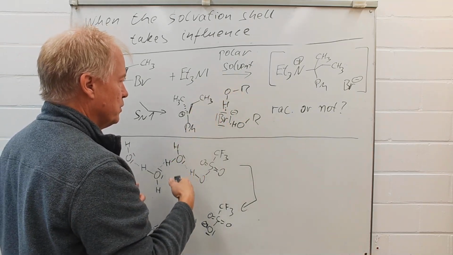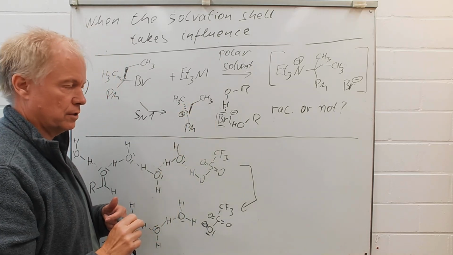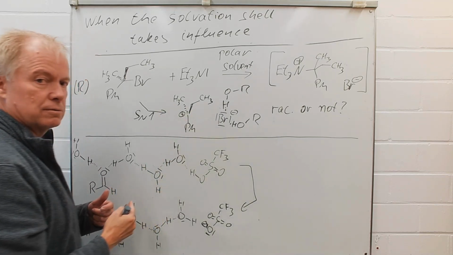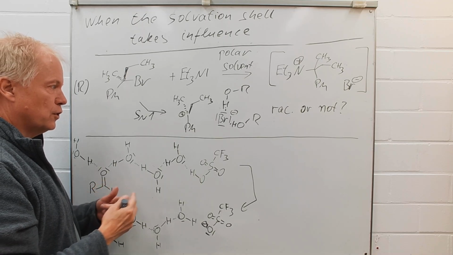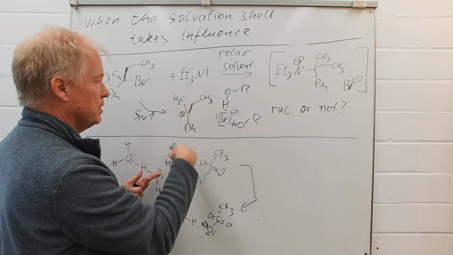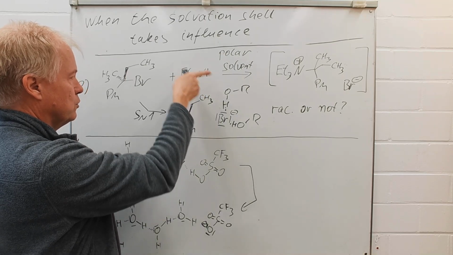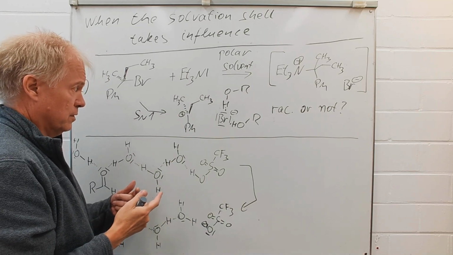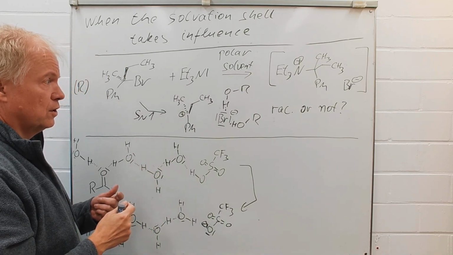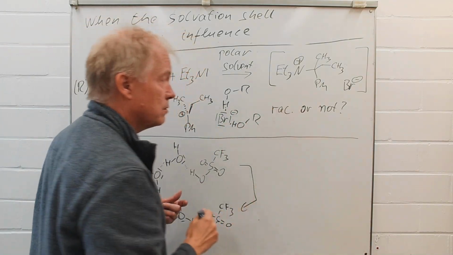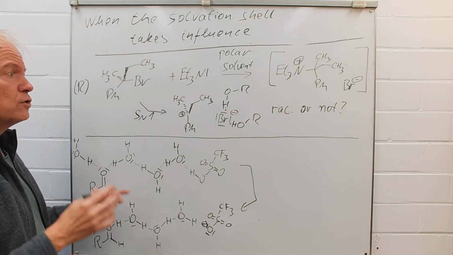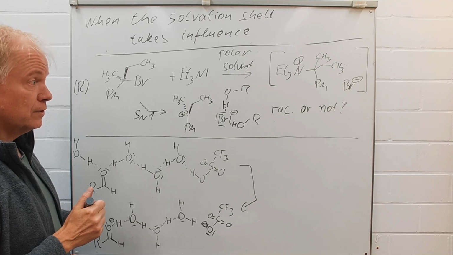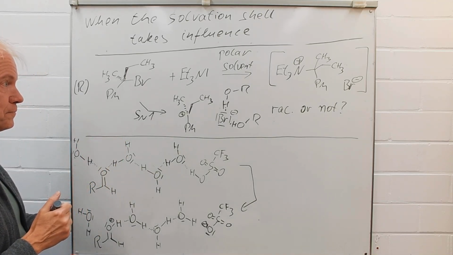Still, it will remain close to the countercation and therefore will shield one side. So, therefore, the probability of the triethylamine to attack from the other side, similar to an SN2 process, will still be present. So, not complete racemization, but racemization to some extent is what we will observe in such a case.